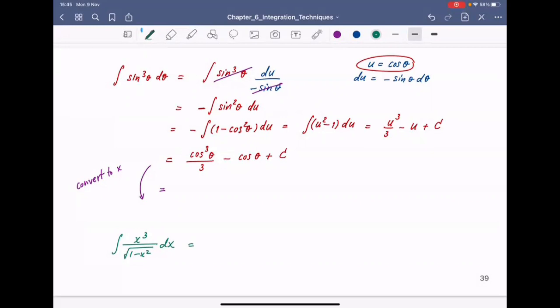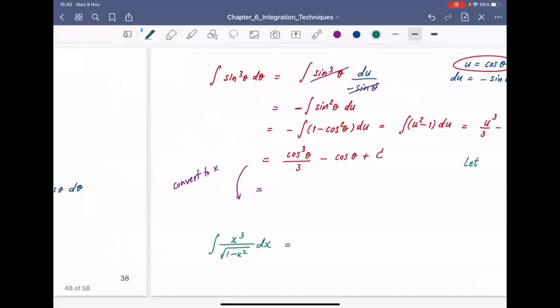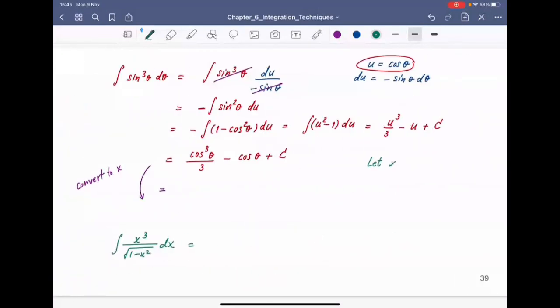So how do you convert cosine theta back to x? Because you picked x equal to sine theta, if you draw a right triangle, sine theta is x over 1, the opposite side over the hypotenuse.